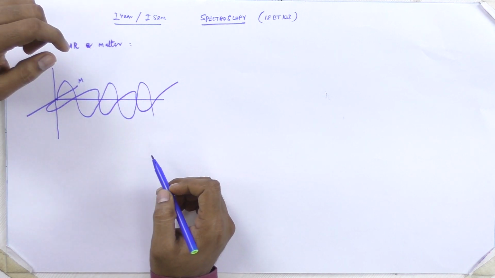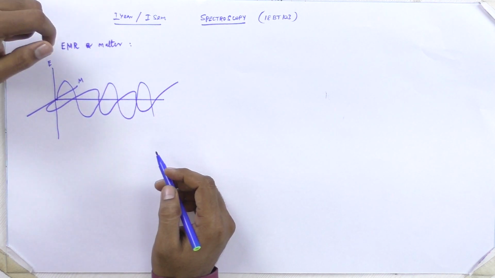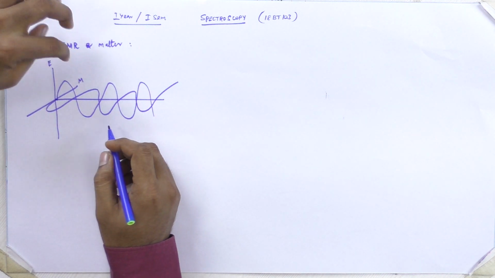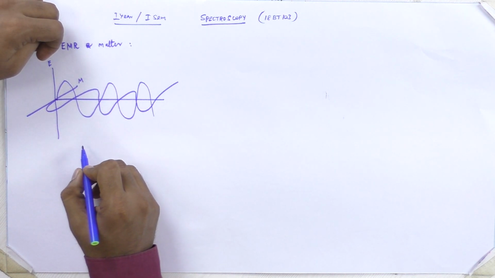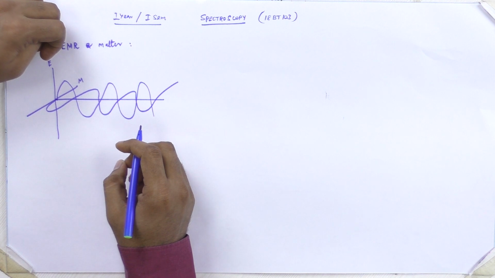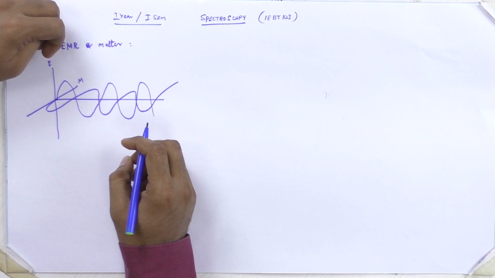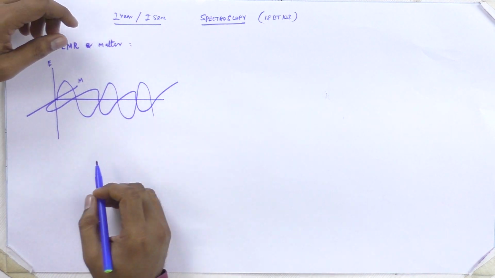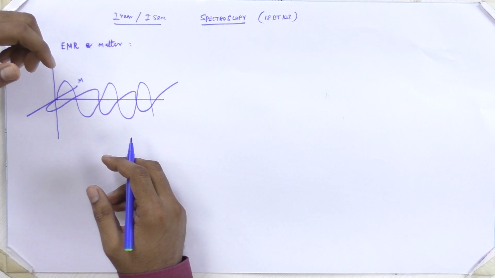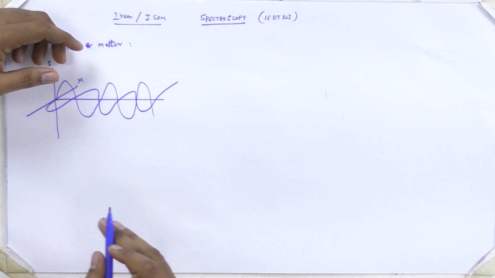These are electromagnetic waves, traveling at the speed of light, 3 into 10 power 8 meter per second. The radiation ranges from X-rays to radio waves.